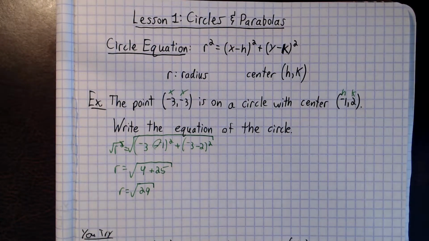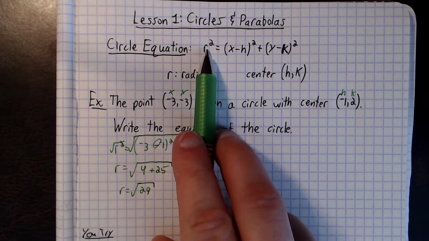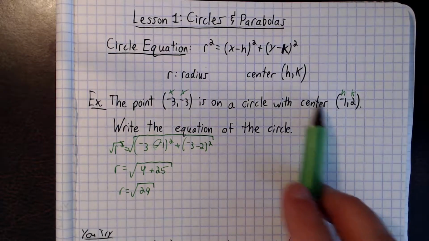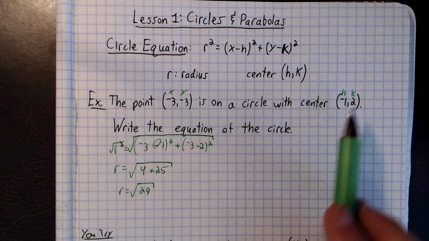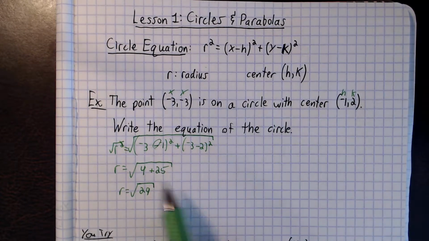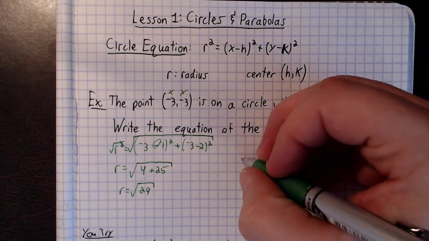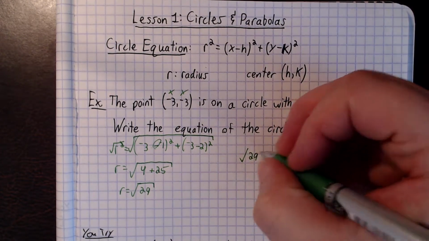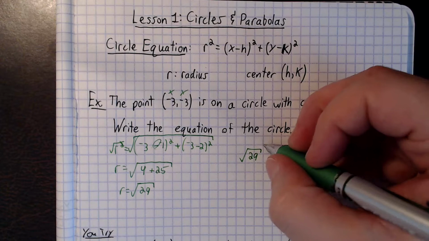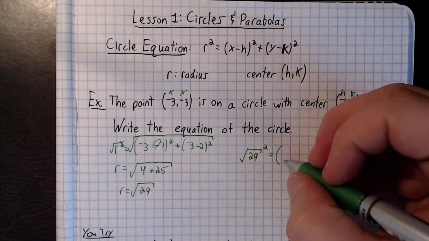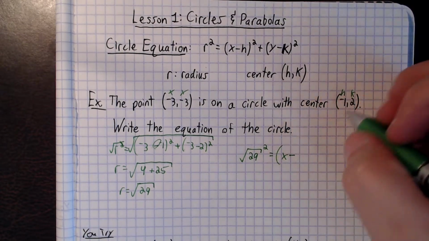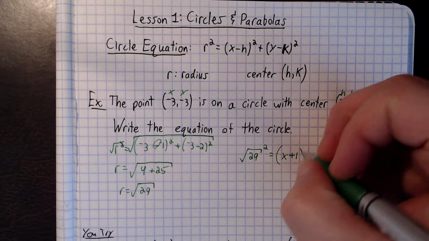Okay, now we're going to plug this in for r. We're going to plug in our center, h and k. Remember, we're going to change those signs when we write it. And then if we square the radical, you're going to see that that goes away. So the square root of 29, we have to square it. We want x minus -1, so it'll be plus.